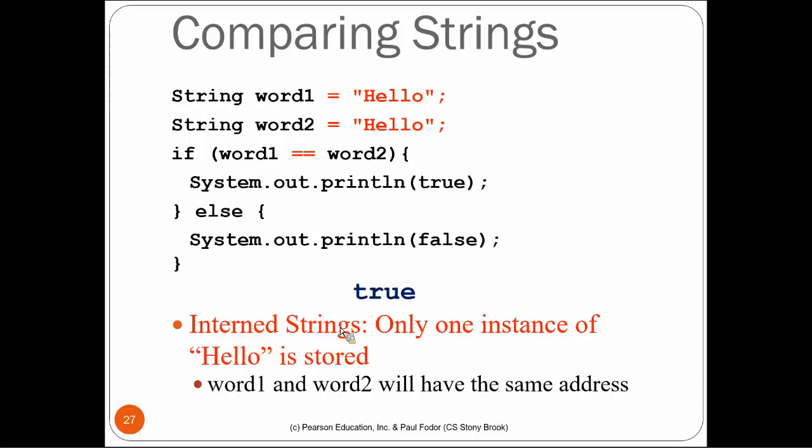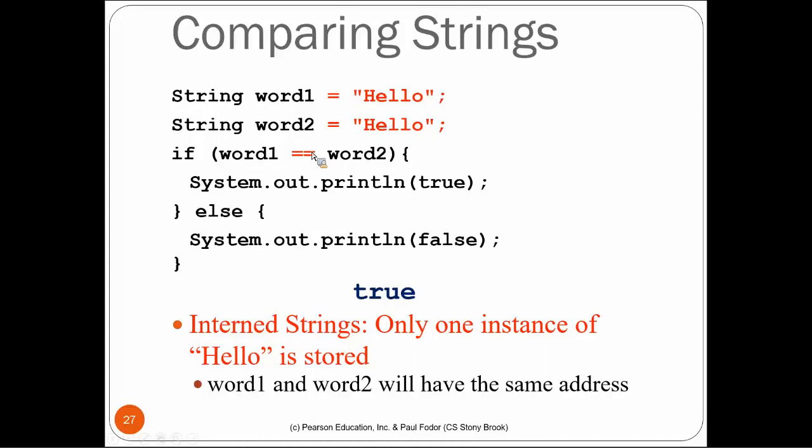So intern strings are strings that are collected during parsing. Basically, it parses the program, it collects all of these constants like hello, and it only stores them once. So if you assign that hello constant to both word1 and word2, word1 and word2 have the address of the same constant. They are basically two references to the same object.